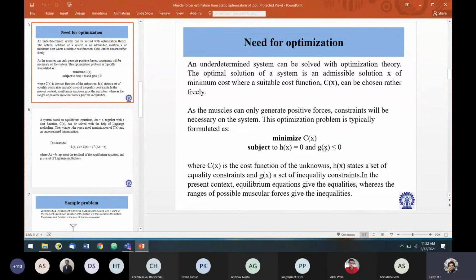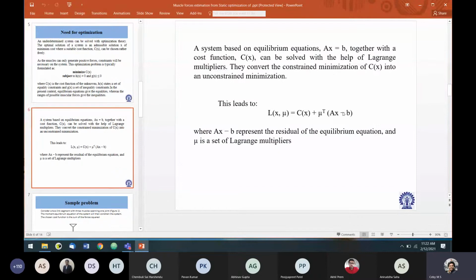Then, in order to incorporate this into the cost function or the objective function, we will have to use a Lagrange multiplier. The Lagrange multiplier's function is to convert the constrained minimization problem to an unconstrained minimization. Once we get this function, we will not look into the inequality or equality constraints, because this is what we will operate with.